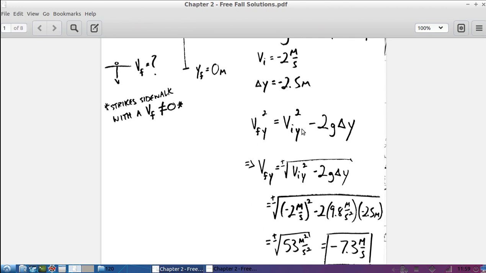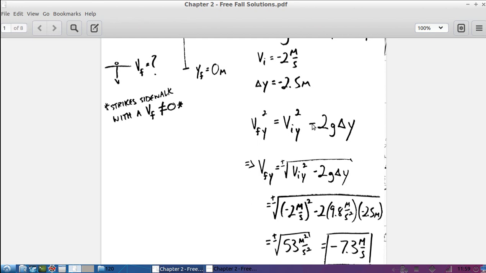Now if this doesn't really sit well with you, you can leave this negative sign positive, like the old kinematics equation, and then substitute a negative 9.8 meters per second squared here. The point is, make sure you're not doing both. You should be doing one or the other.